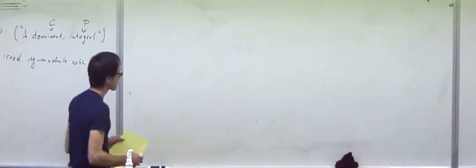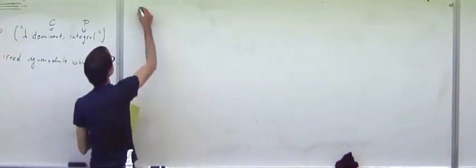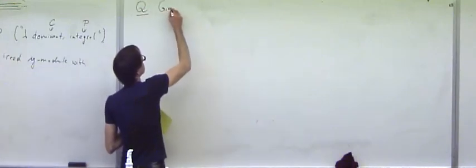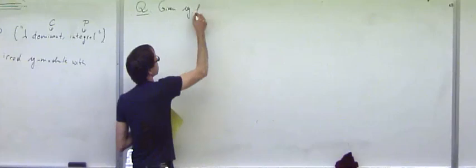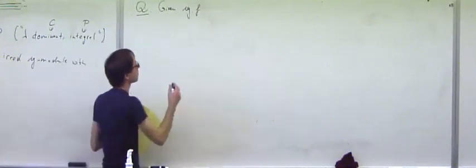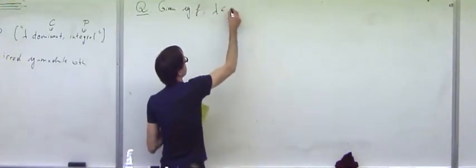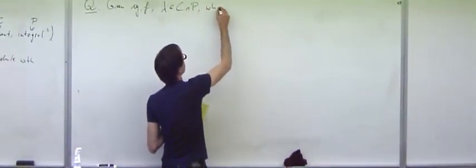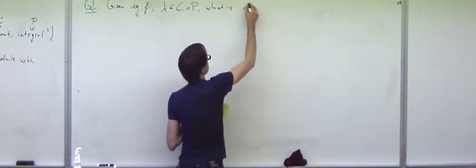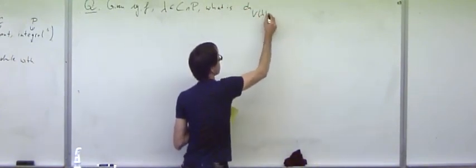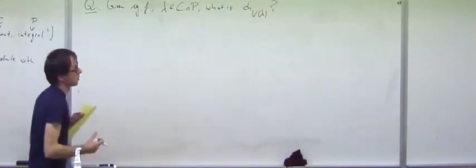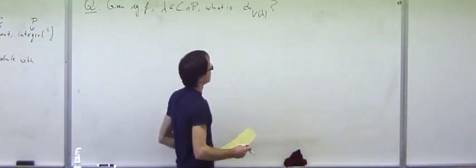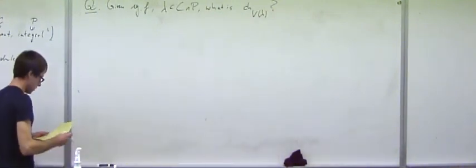And so the question is, given G and H, which were given for the entire chapter, but now also a dominant integral weight, what is the character of V_lambda? That means, what are the dimensions of the weight spaces into which V_lambda decomposes?